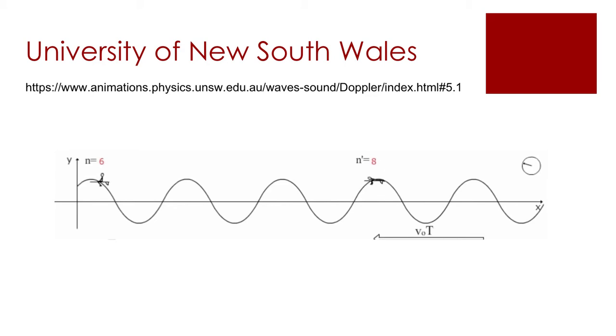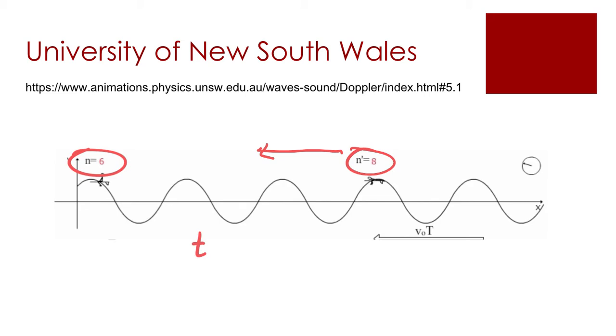Now let's consider the second surfer moving towards the first. Now we have a relative motion between the two of them. What these numbers are representing here are the number of waves they have actually gone through in a certain time t.